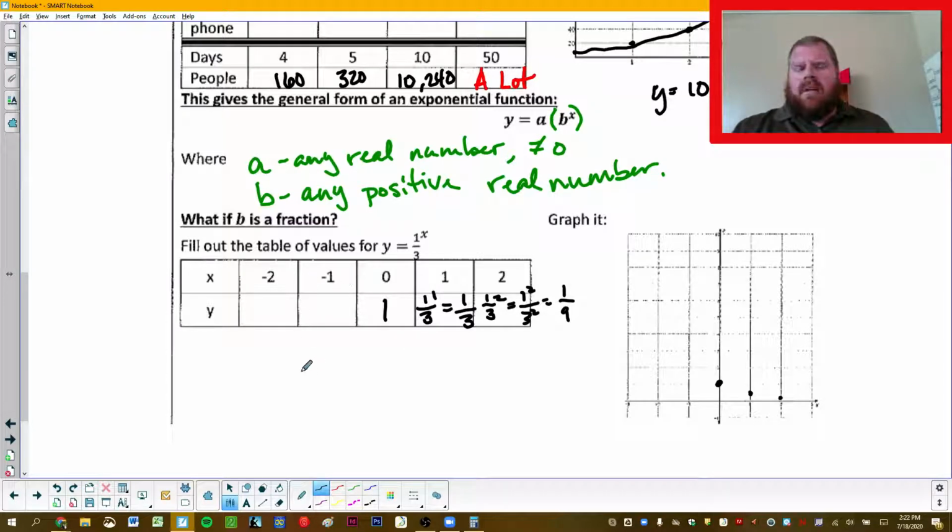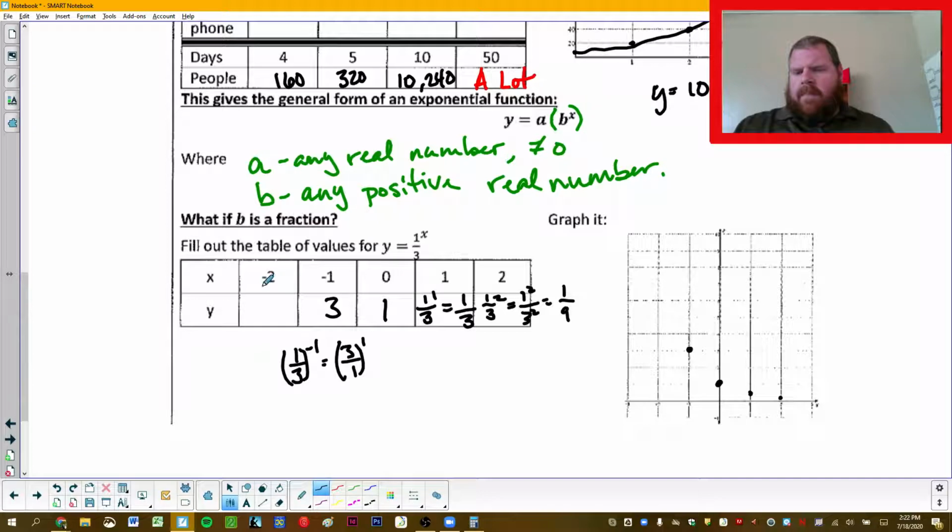Let's look at our negative powers here. Let's see, 1/3 to the -1. What does raising something to a negative power do? It actually flips it over. So this would be like 3/1 to the first power, which 3/1 is 3. 3 to the first power is 3. So at -1, it's 1, 2, 3, I guess right there.